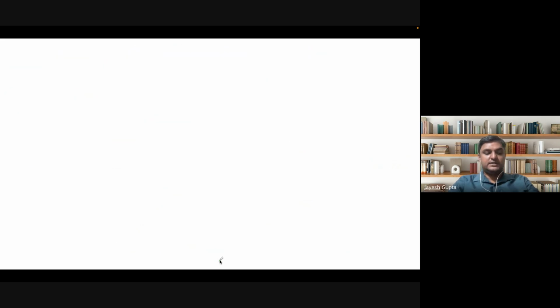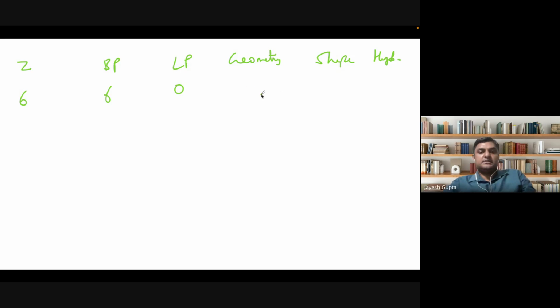Okay, so now next one, Z is equal to 6. So again Z here, bond pair, lone pair, geometry, shape, and hybridization. So Z you can keep here 6. First I am taking 0 lone pairs. So can you tell, with 6, what was the geometry?